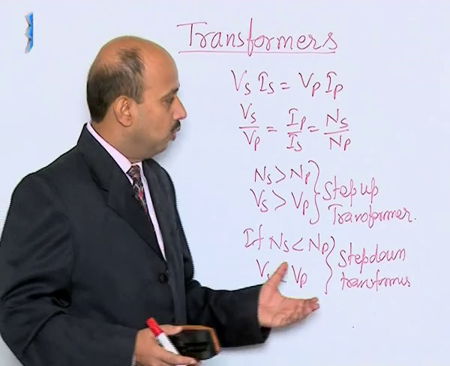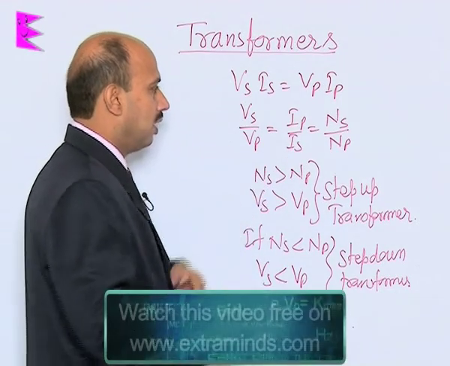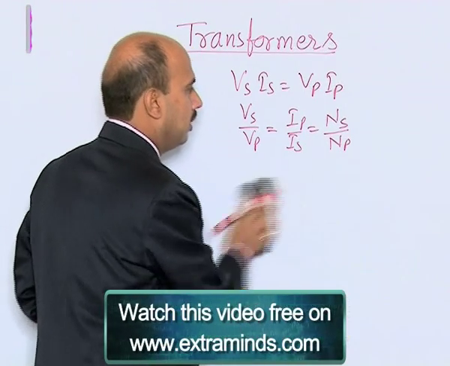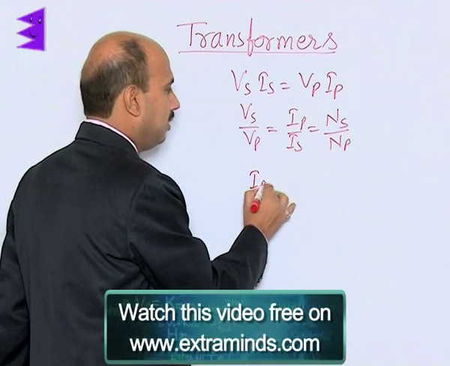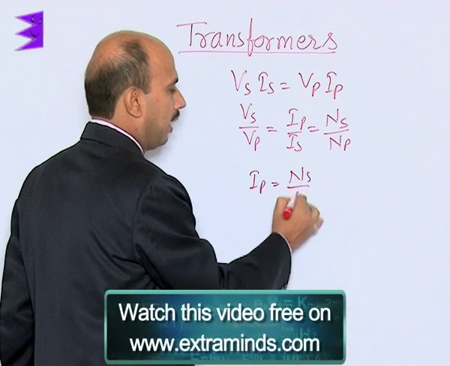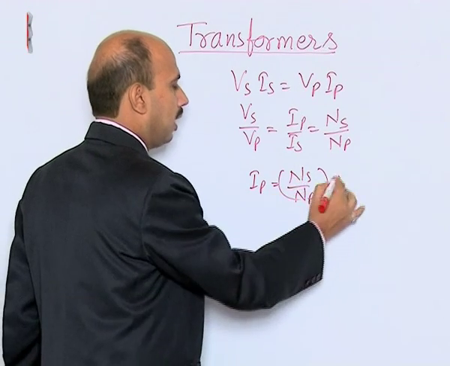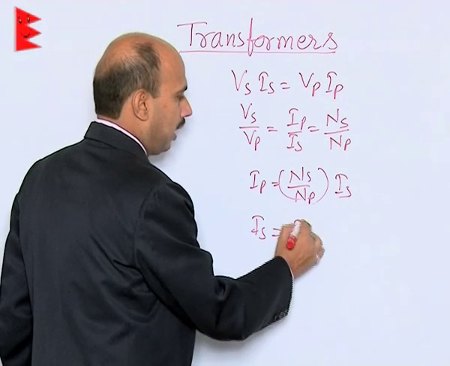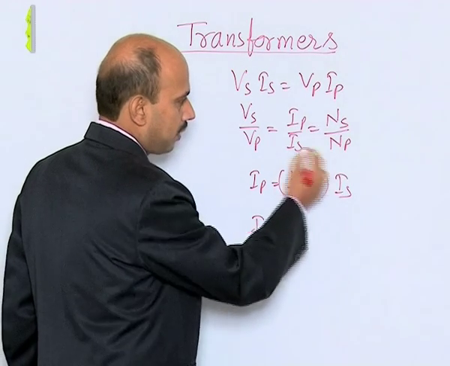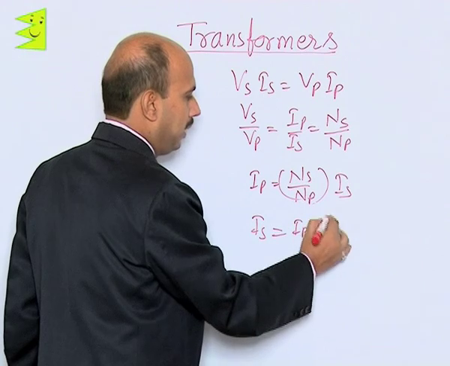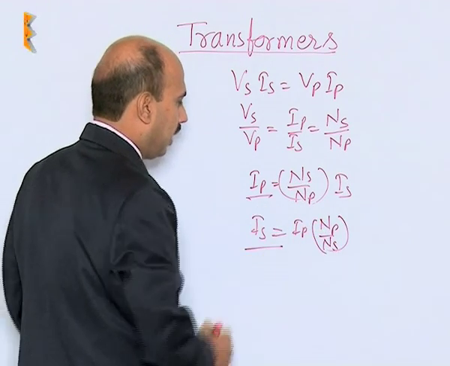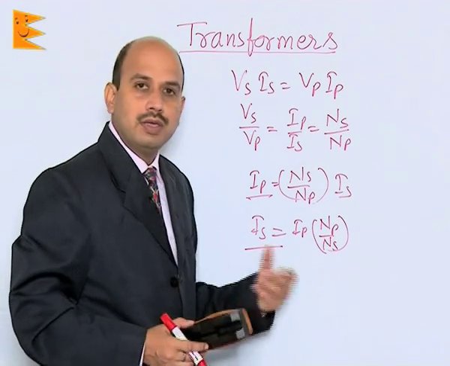Now we can also get the values of the currents: Ip is equal to Ns upon Np into Is. Similarly, Is is equal to Ip into Np upon Ns. By this way we can calculate Ip and Is in the circuit.